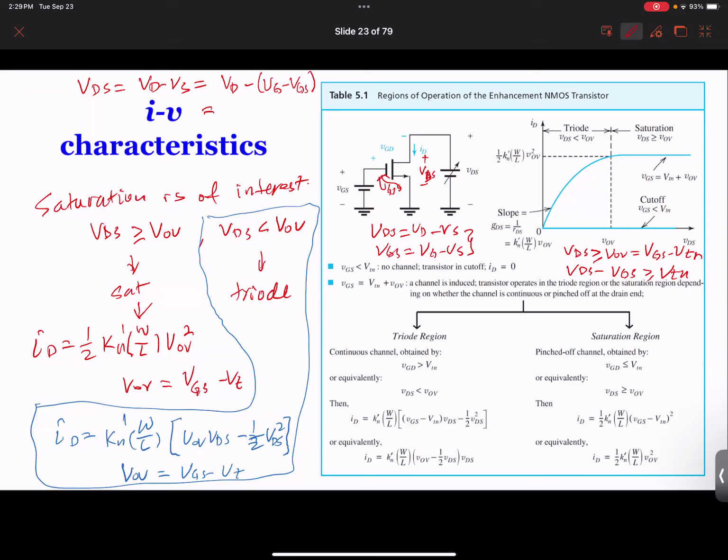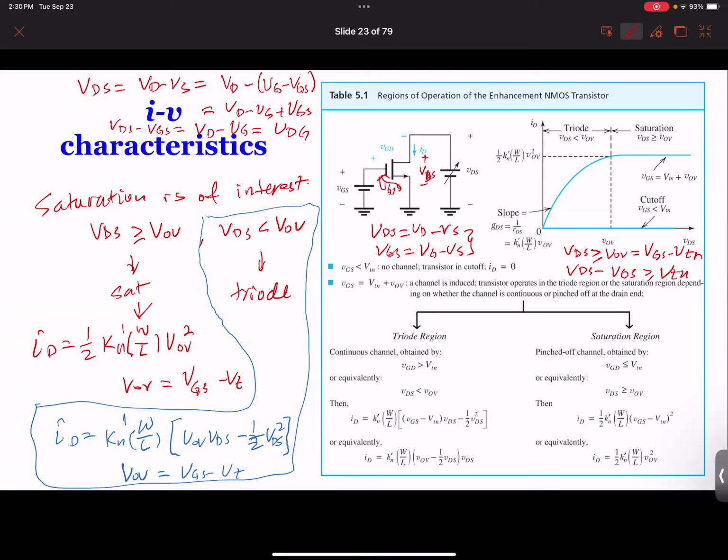So from here you can see that VDS minus VGS equals VD minus VG, which is VDG.